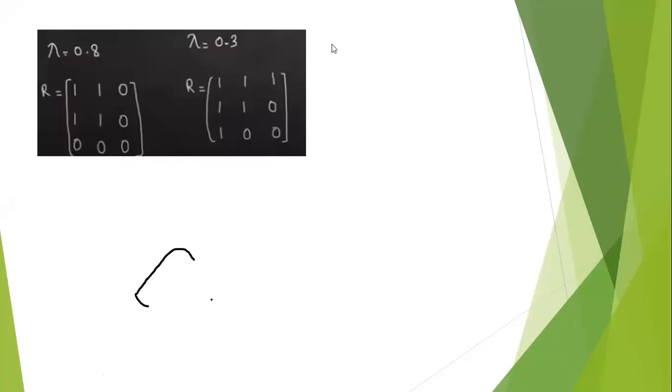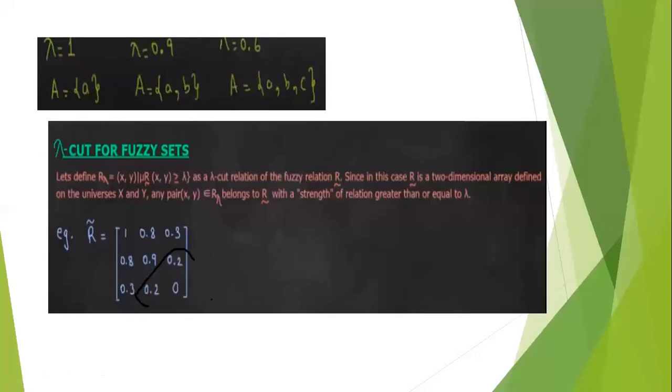Suppose you are given lambda equal to 0.2. Then you need to consider all the components of your relation excluding 0, because all the remaining terms in the fuzzy relation are greater than or equal to 0.2.